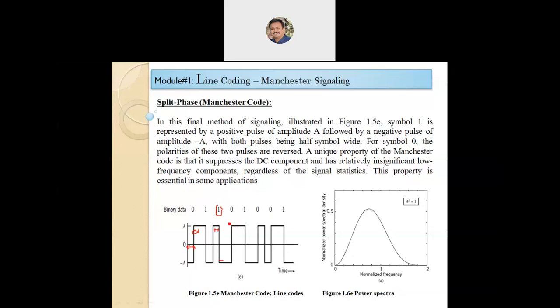There is no zero amplitude in this Manchester coding.